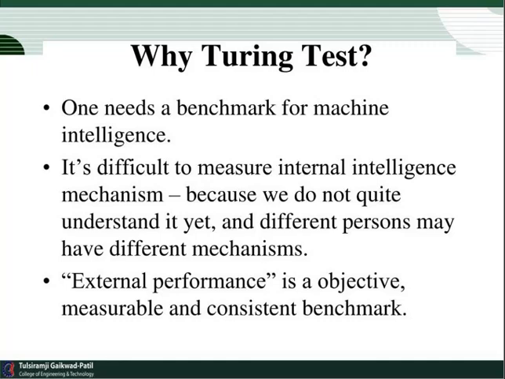It's difficult to measure the internal intelligence mechanism because we do not quite understand it yet, and different persons may have different mechanisms. Of course, yes, because right now we are still not able to understand how the human brain works exactly.